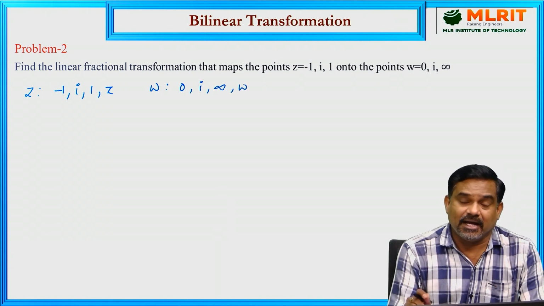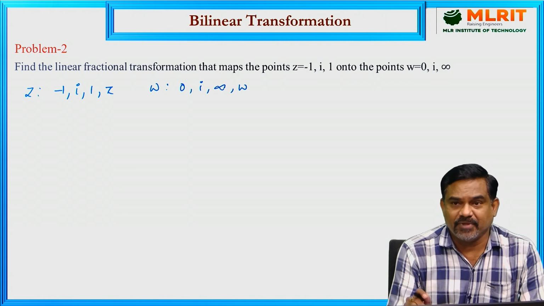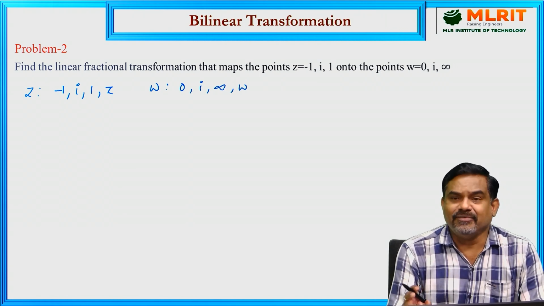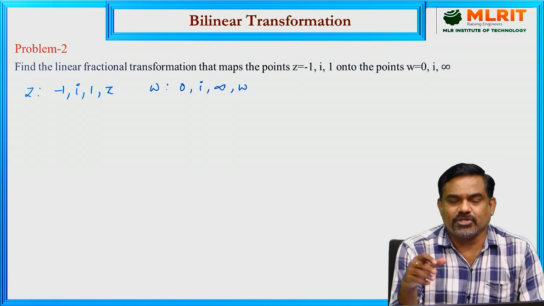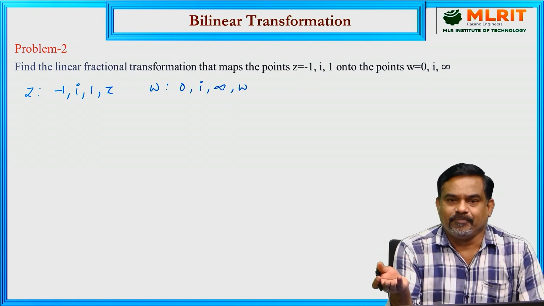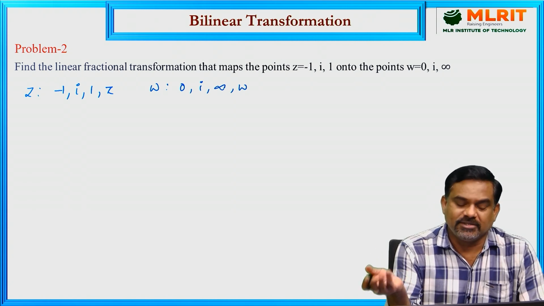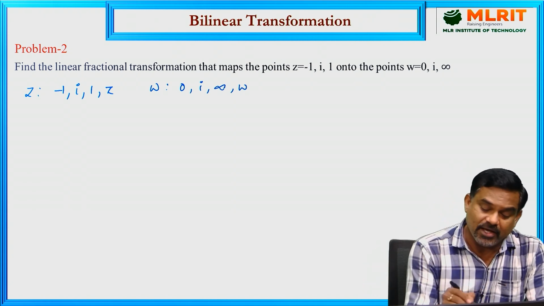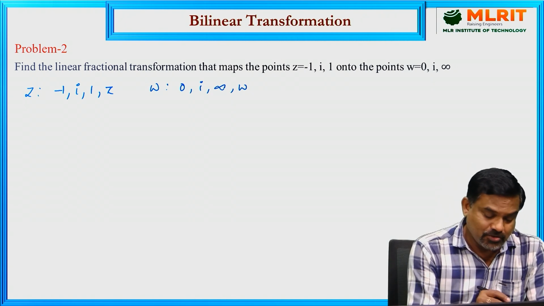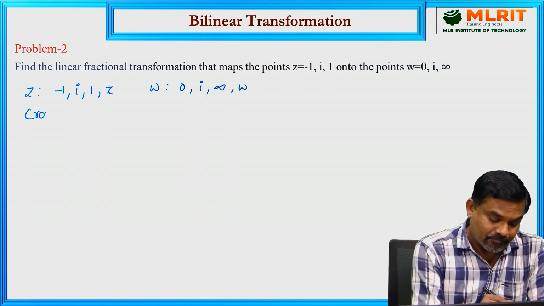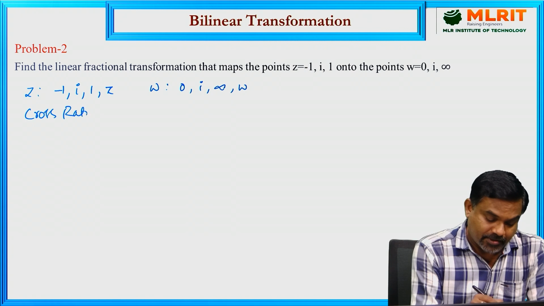And there is another property that we discussed in the previous session, that if any ratio involves the infinity term, then we consider the quotient is equal to 1. The ratio of numerator and denominator is equal to 1. So here the infinite point is given. Now let us use the cross ratio property.